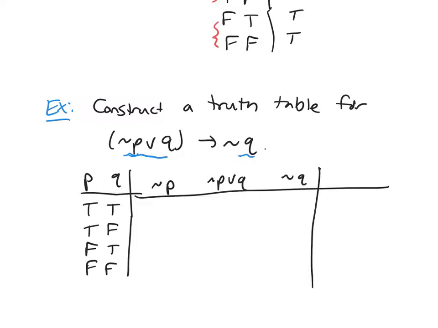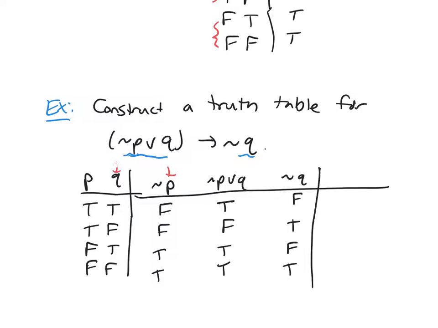I'm going to take P's column and flip it. I'm going to take Q's column and flip it for the last one. And now I'm going to do not P or Q, so put an or between them. So it looks like we'll get true, false, true, true.